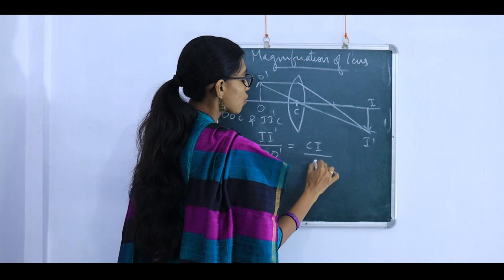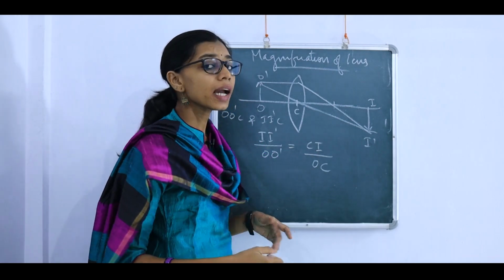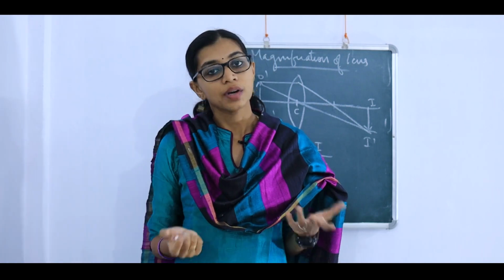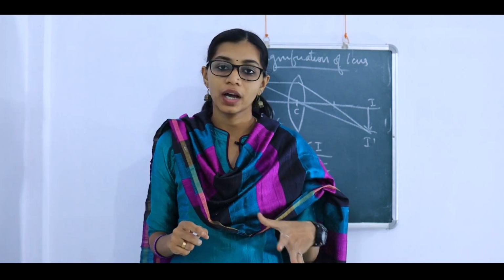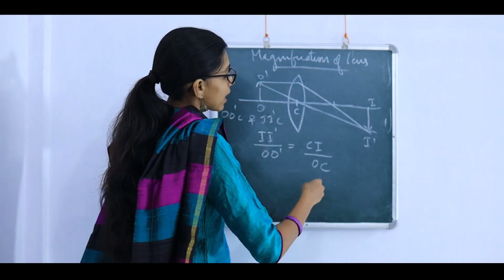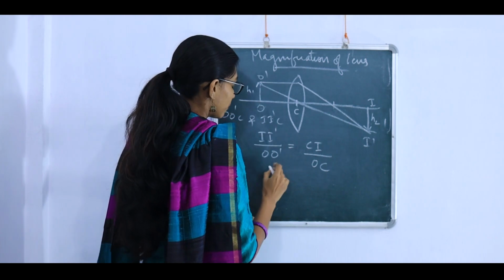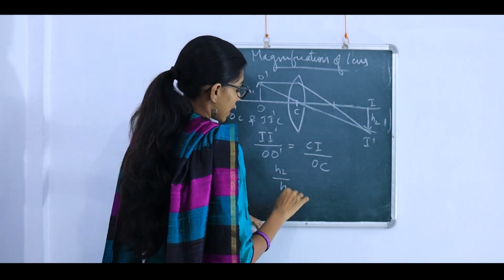Now I dash and O dash can be written as H2 and H1, or Y2 and Y1. It's up to you. So we will take this as height H2, this as H1. So H2 by H1.